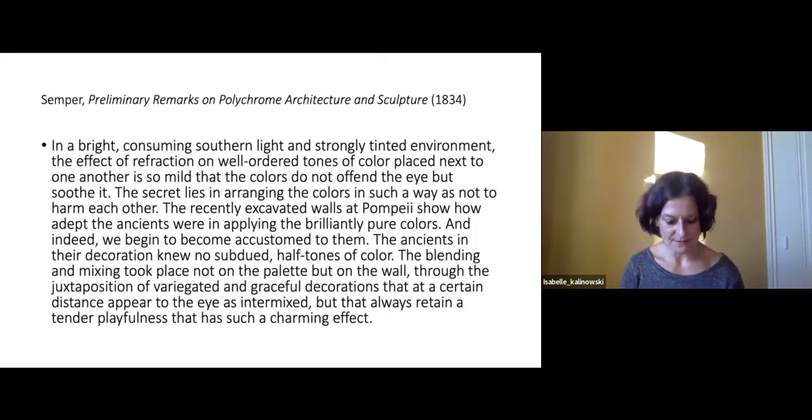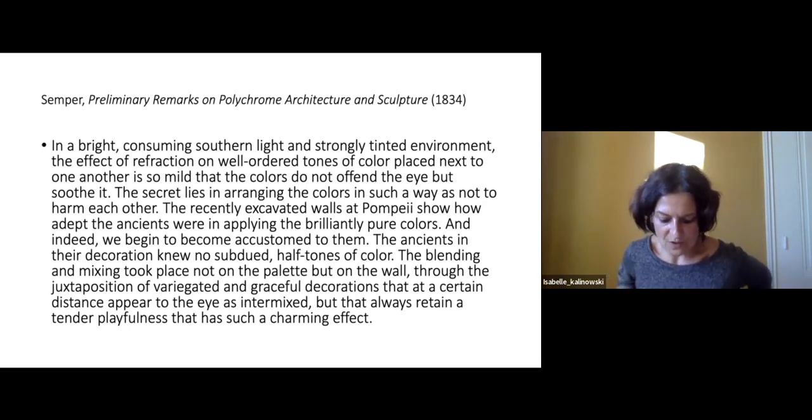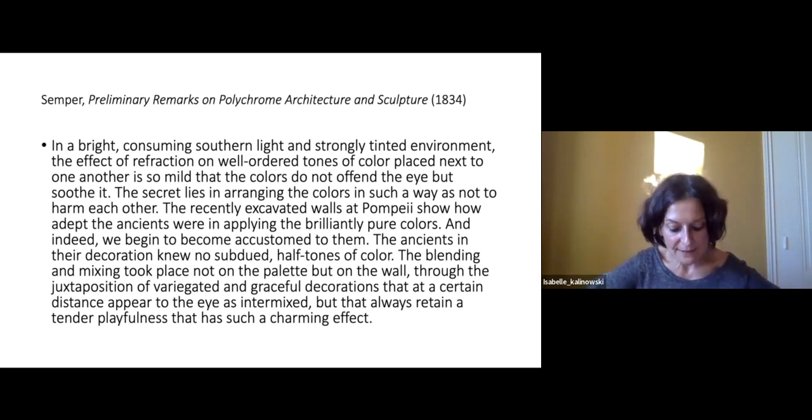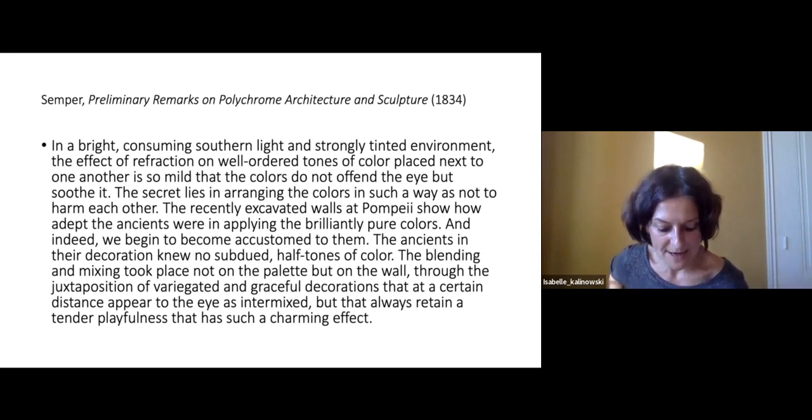I quote Semper: In a bright, consuming southern light and strongly tinted environment, the effect of refraction on well-ordered tones of color placed next to one another is so mild that the colors don't offend the eye, but soothe it. The secret lies in arranging the colors in such a way as not to harm each other.